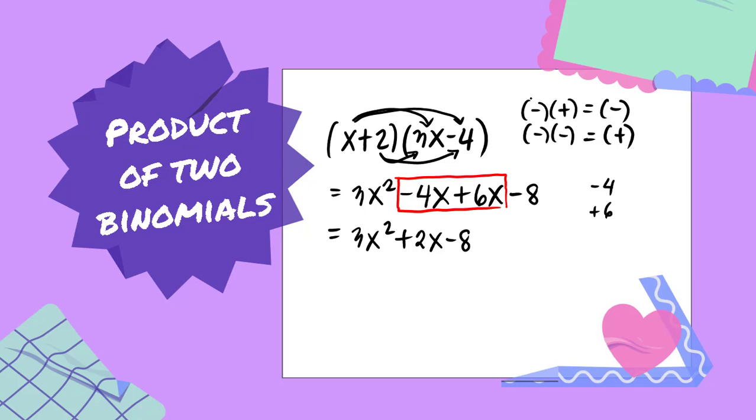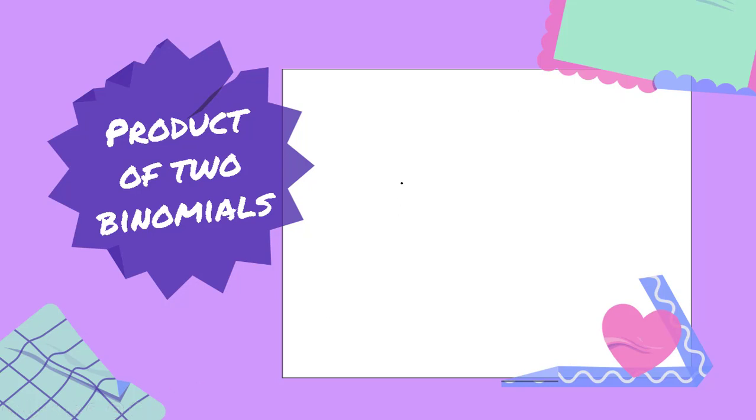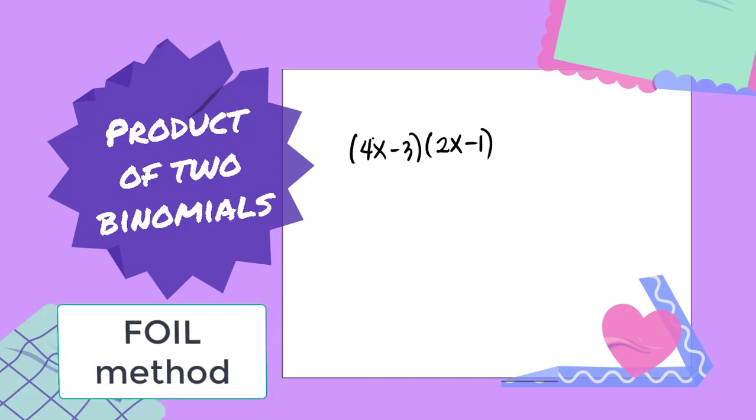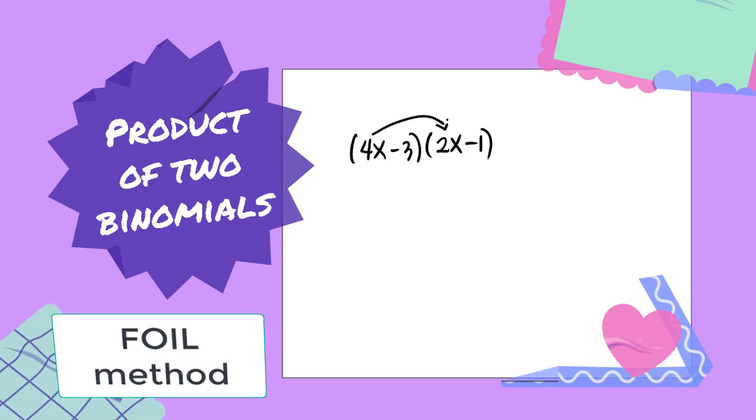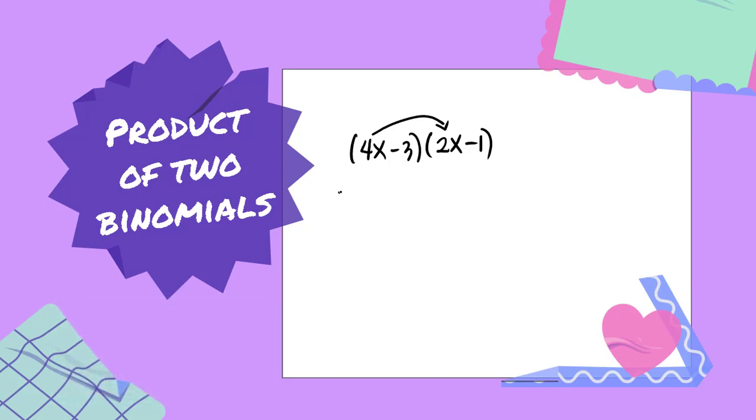Okay, so that is for the given quantity x plus 2 times 3x minus 4. Let's have the next given. We have the quantity 4x minus 3 times the quantity 2x minus 1. In this case, same process, you will use the FOIL method and you start with the first term. Positive and positive, so this is equal to 8x squared.